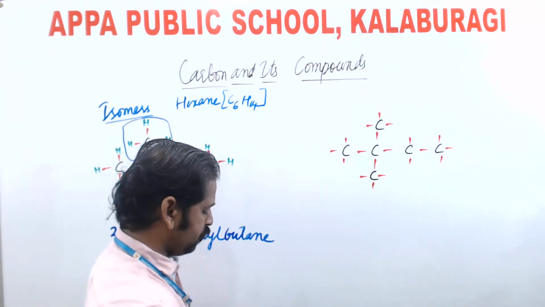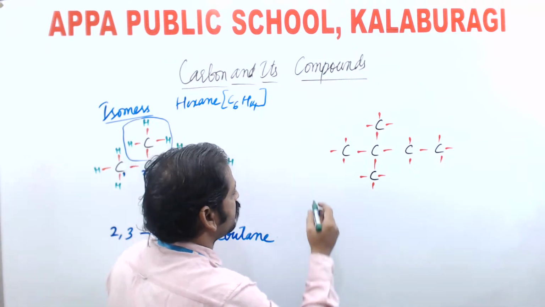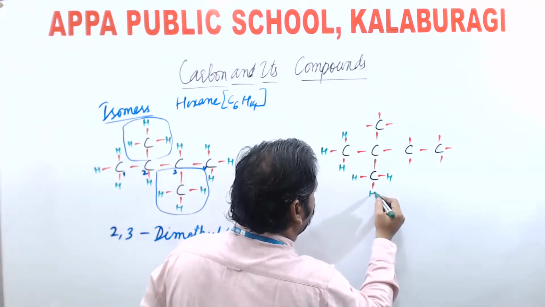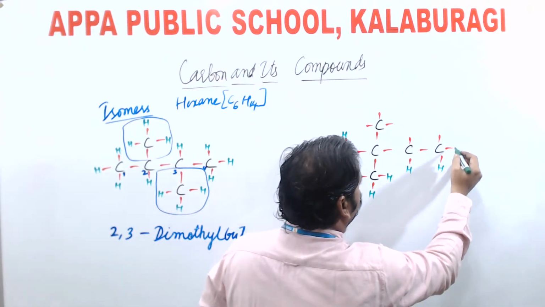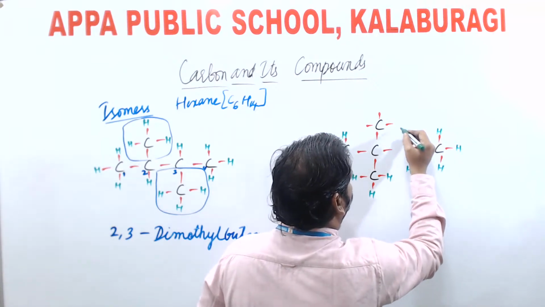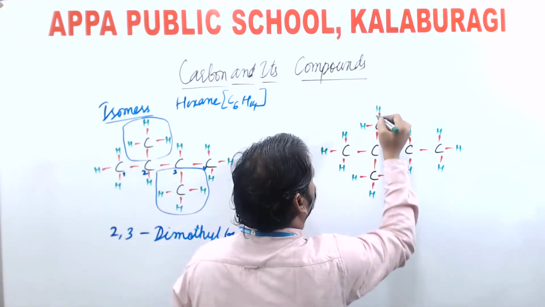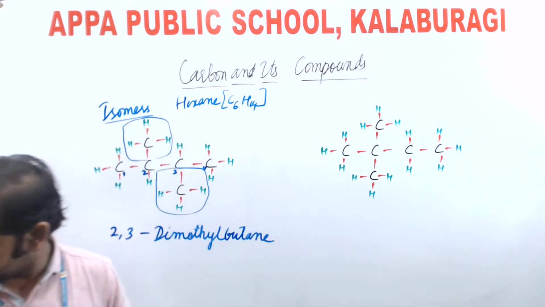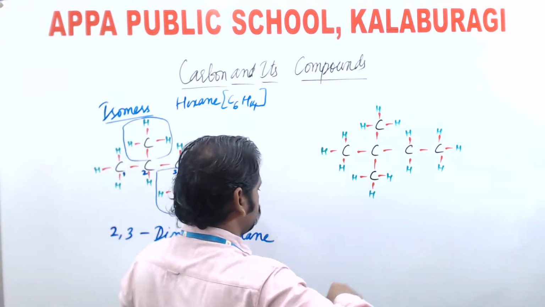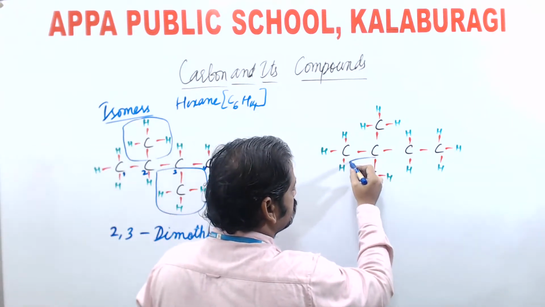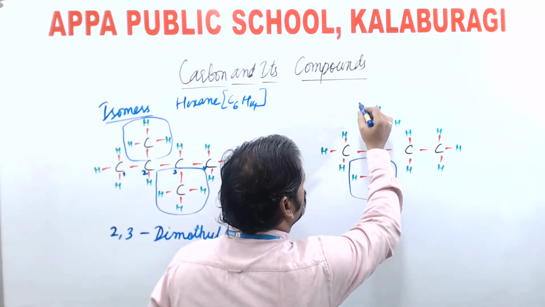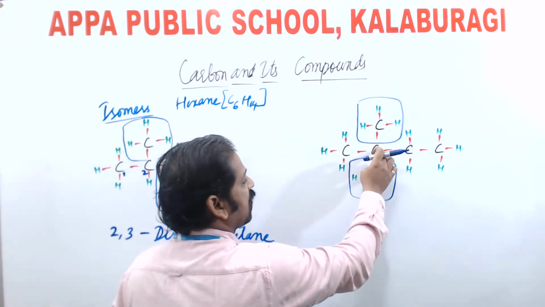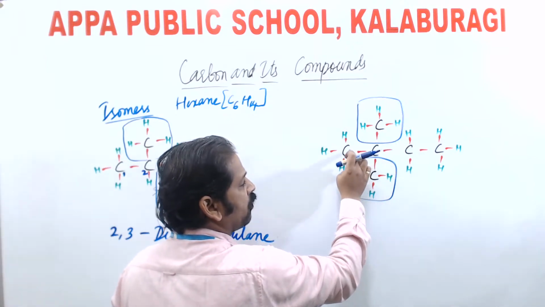Okay. Now remaining all are hydrogen. Yes, and the branches are at this point, the second, because these branches are identified with this second carbon, because this carbon is near to this carbon.